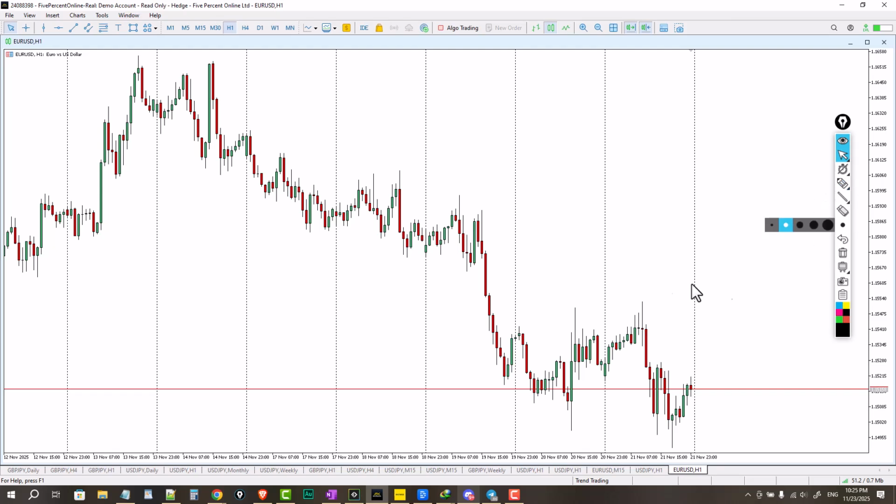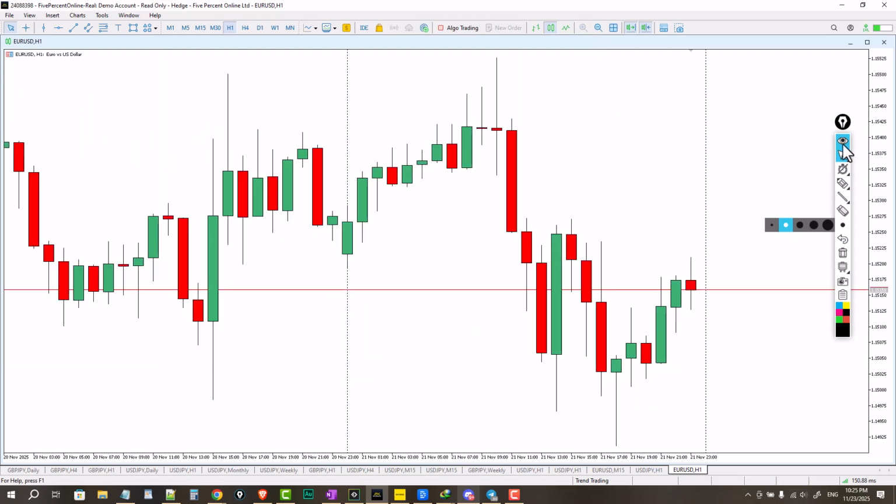You see, when we talk about range in trading, we're actually talking about distance moved by price. So for this particular example, let's say you had a candle which opened somewhere around here. Because this is a bearish candle, it opened higher than it closed. It closed somewhere around here.